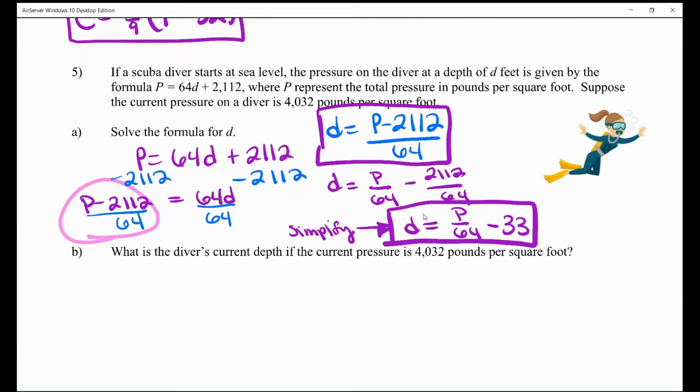So now we're going to use our formula. Let's use the simplified one. D equals P divided by 64 minus 33. And we're going to find the depth of the scuba diver, how far below sea level the diver is at when the pressure is 4,032 pounds per square foot.